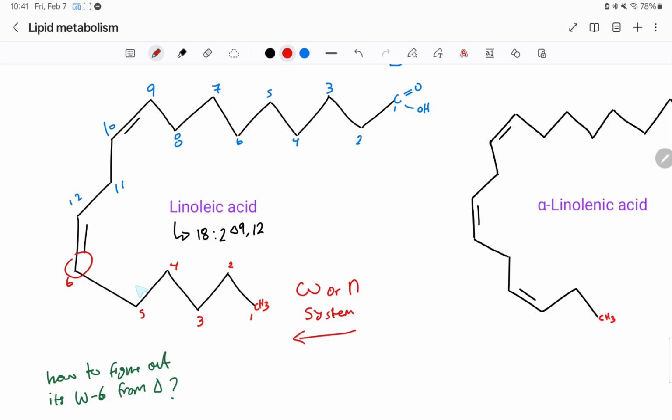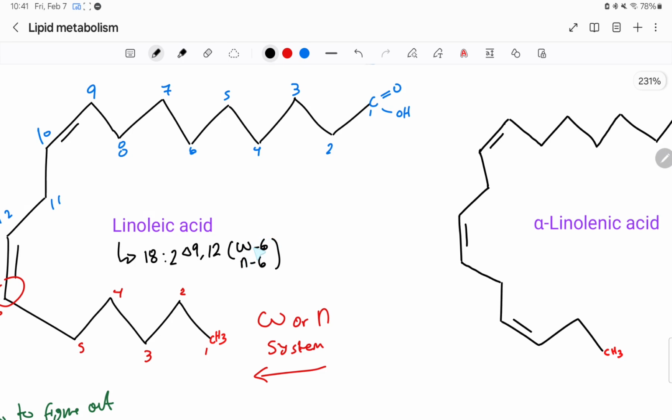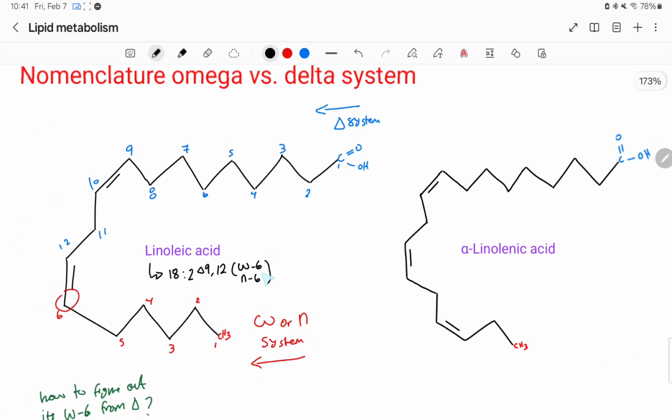So with this system, we can also say that this linoleic acid, this fatty acid, is actually an omega-6 or an N6. Okay? I'm sure most of you have heard of an omega-6 fatty acid. This is where that comes from. So here's an omega-6 fatty acid.